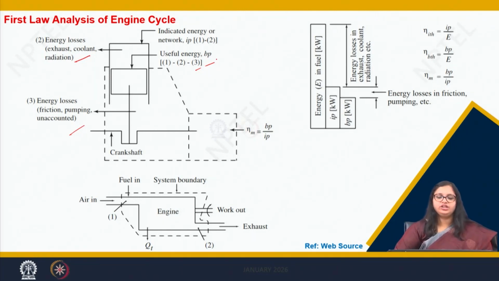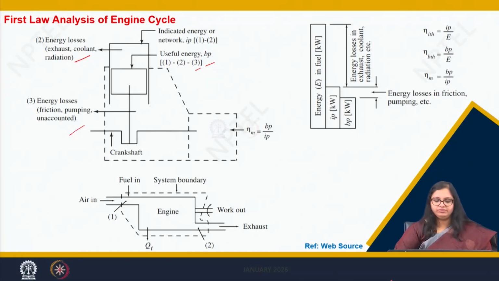So we get two energies, one is the indicated power and one is the brake power, and the losses incurred are what we call friction power.